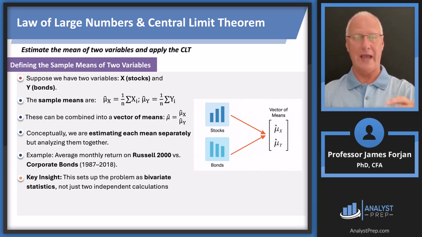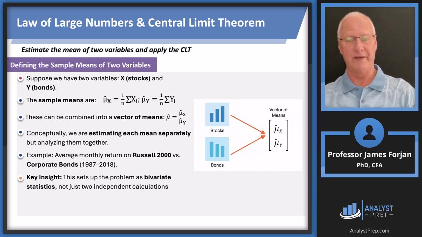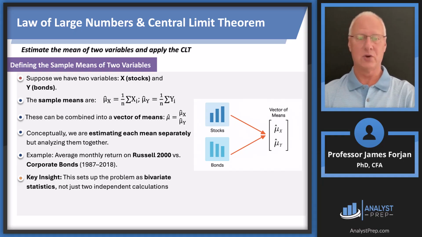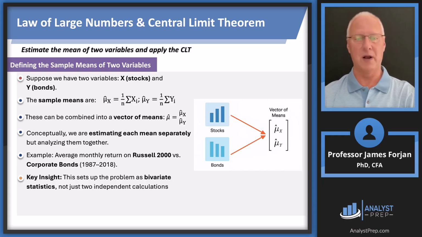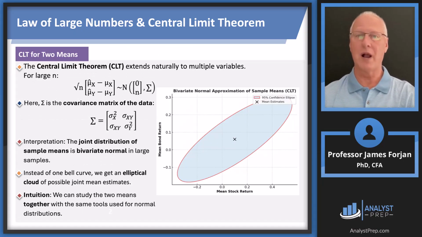What we're trying to do is aggregate this data and use it in the most efficient possible way to make some kind of prediction. We're going to make a prediction based on those two, in this case stocks and bonds, not just stocks only and bonds only. We're going to combine those two.